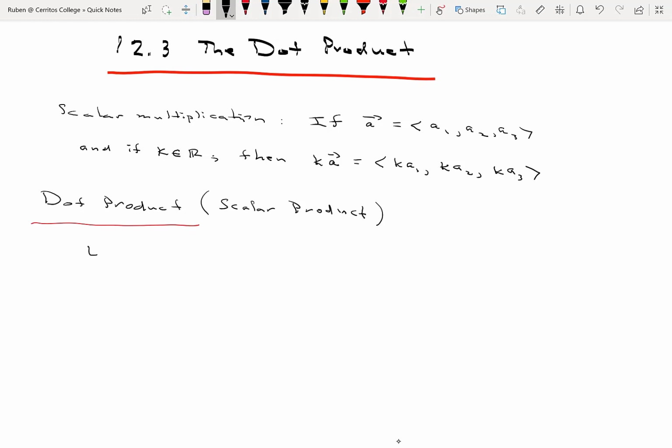So let B be the vector whose components are B1, B2, and B3. We define the dot product A dot B, and it simply equals A1 B1 plus A2 times B2 plus A3 times B3.